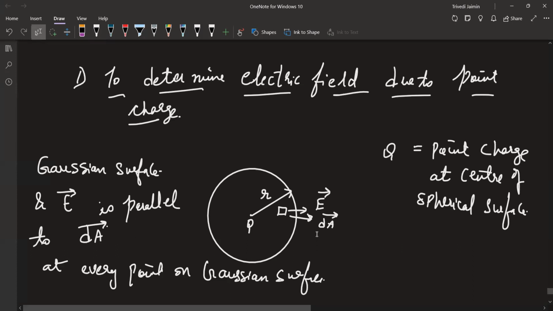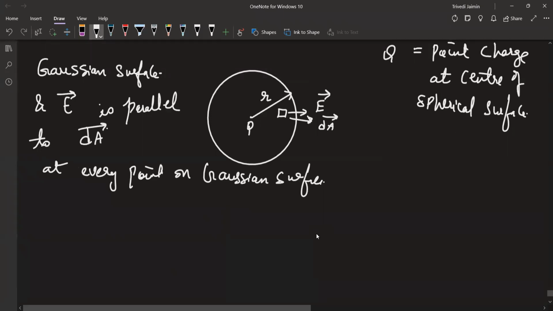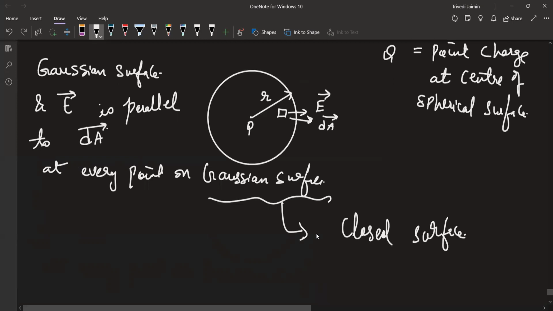Yes, exactly, which follows the Gauss law. In short, it requires a closed surface. Gaussian surface, like we required what? Closed surface, where flux will pass through it, in short.